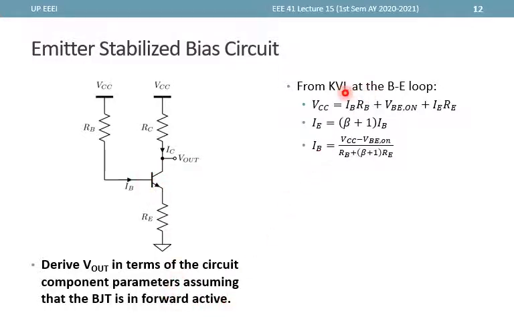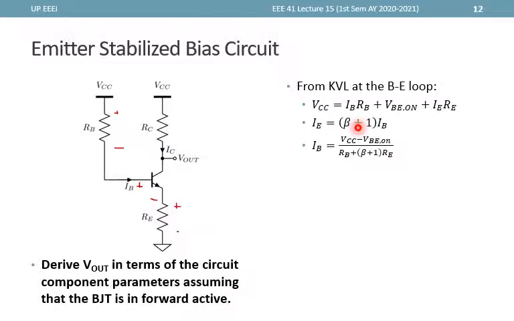So again, KVL at the VBE loop. VCC is equal to IBRB plus VBE on, so the voltage polarities are in this manner, plus IE RE.